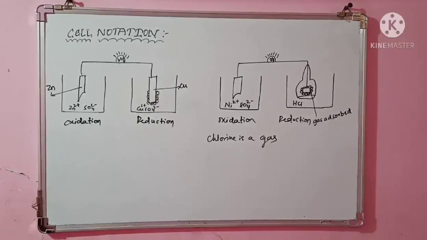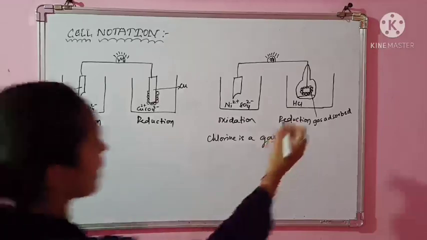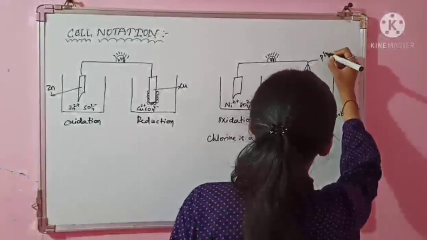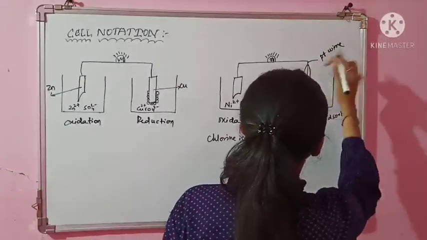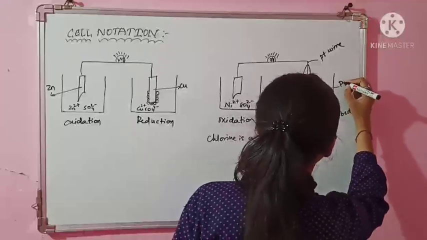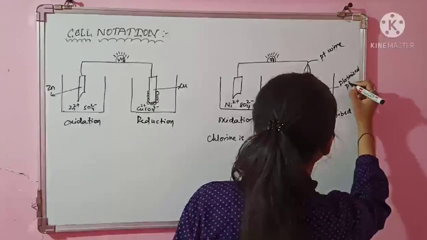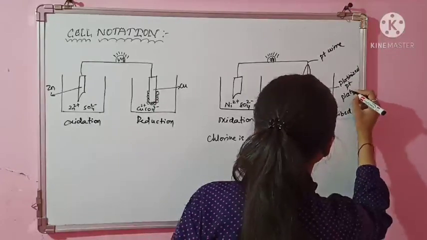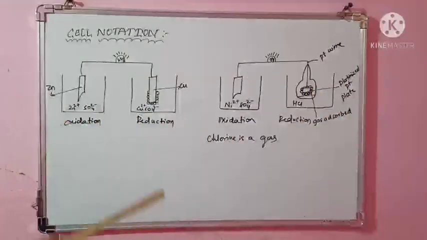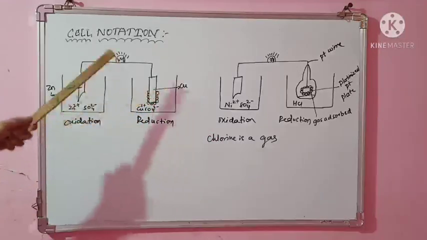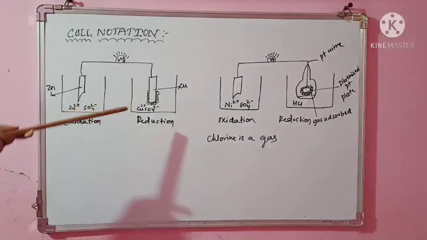We have to take a platinum wire connected to a platinized platinum plate. This is the platinum wire, and it will be connected to this platinized platinum plate. This is what you have to do, because we cannot make the electrode like this. In the solid case we could have used the copper electrode, because metals are solid.